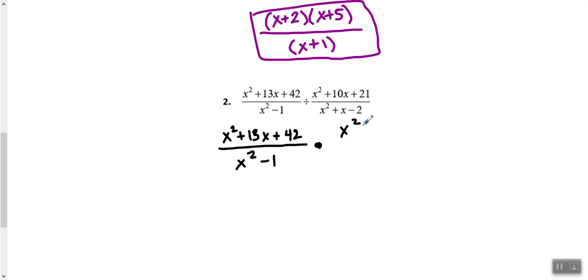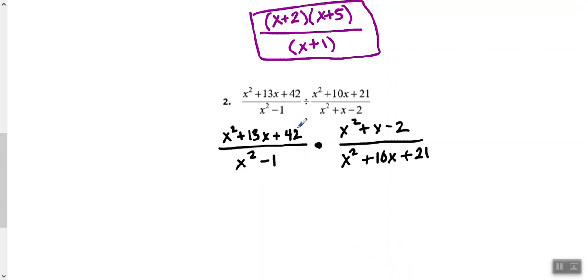So x squared plus x minus 2 over x squared plus 10x plus 21. Again, if you need to pause and you want to practice the factoring on your own, you can do that. I am going to go through factoring these fractions, but I am going to go kind of quick.